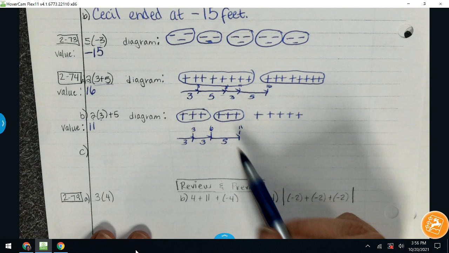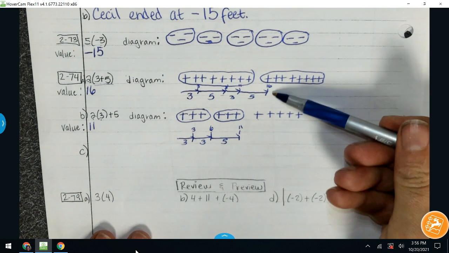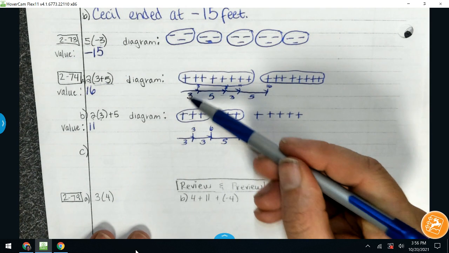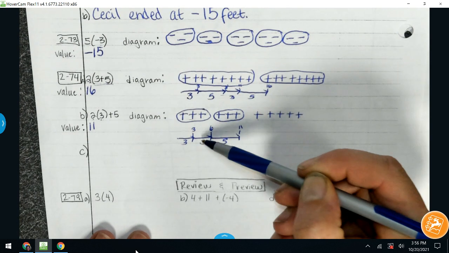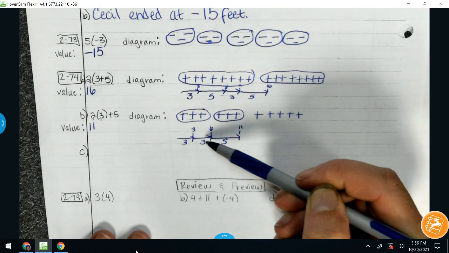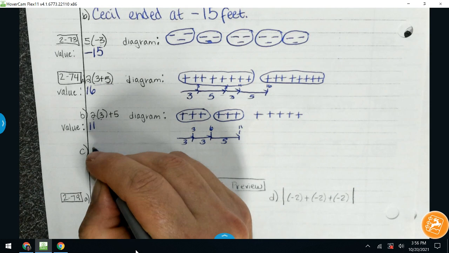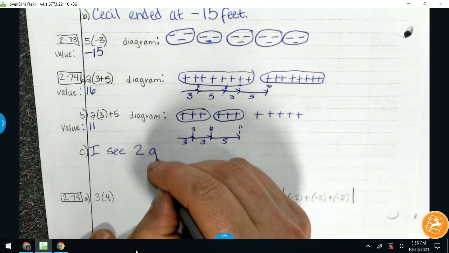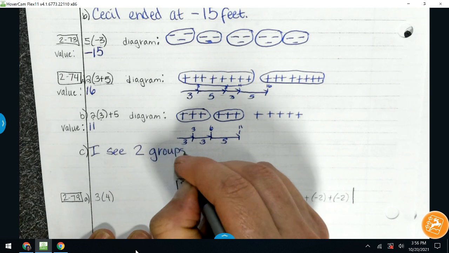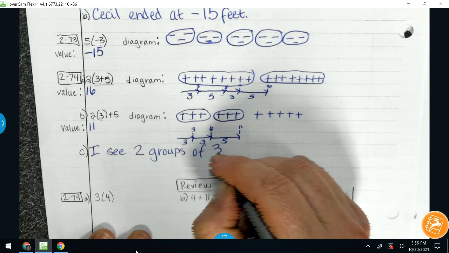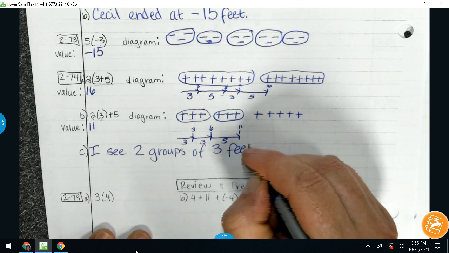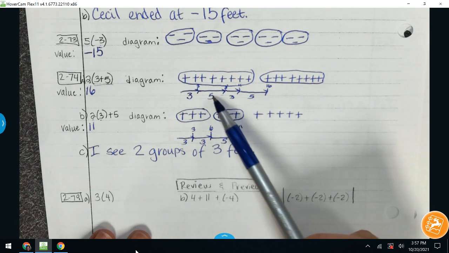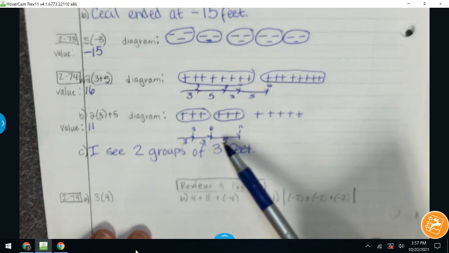I do see 2 groups of 3. But what I see that's different is the first one has 2 groups of 5 and the second one does not.